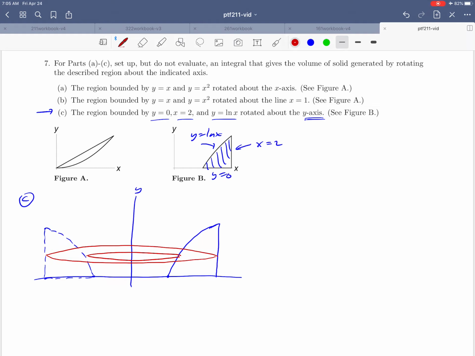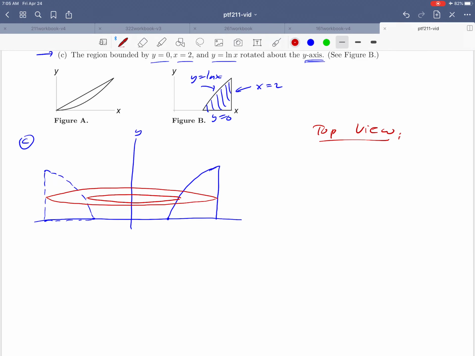And as we did before, we'll draw a little top view of that. The key again is getting our hands on the radii of that washer. If we can measure the inner radius and the outer radius, that's going to allow us to get the cross-sectional area of that slice that we just drew.